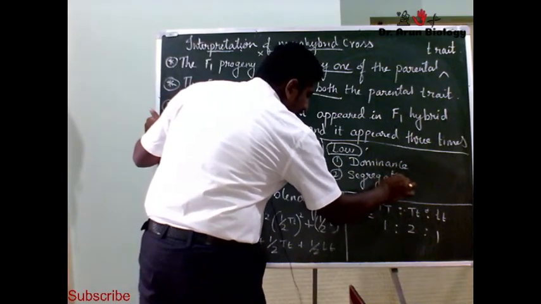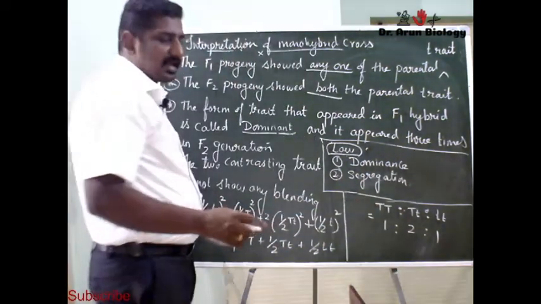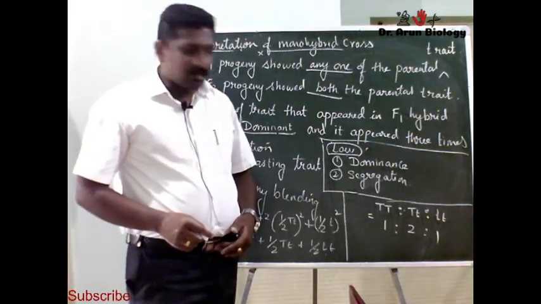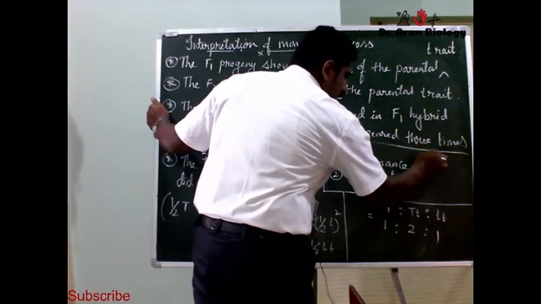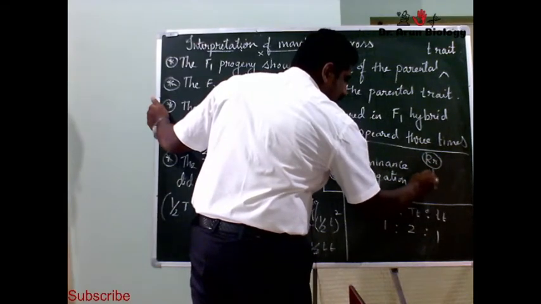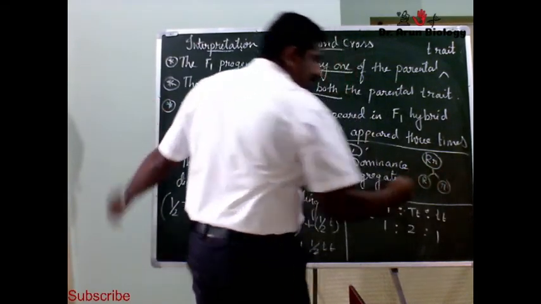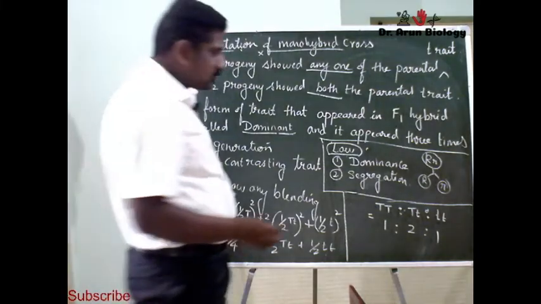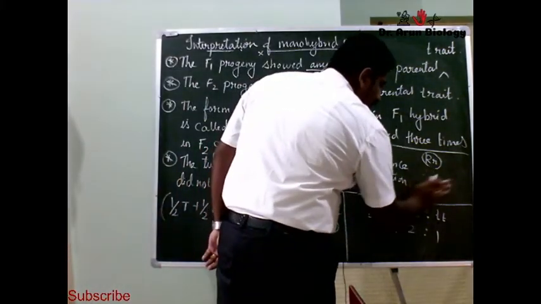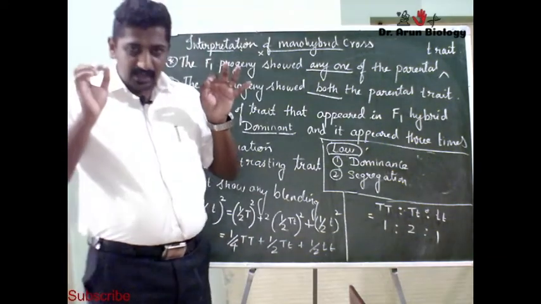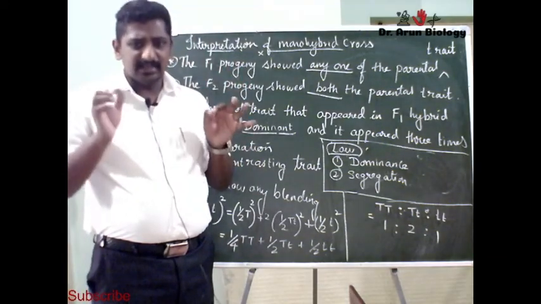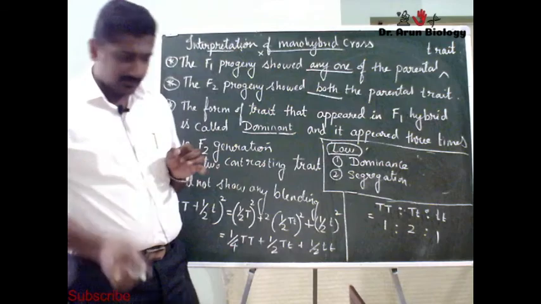What does it state? At the time of gamete formation, gametes segregate independently. We had capital R and small r. Gamete formation is segregated as capital R and small r. Then only we perform the Punnett square. So the law of segregation, the law of purity of gametes, states that at the time of gamete formation, gametes segregate independently.